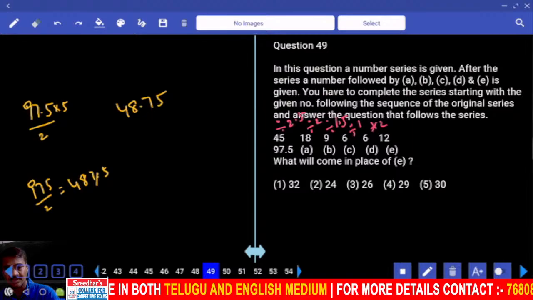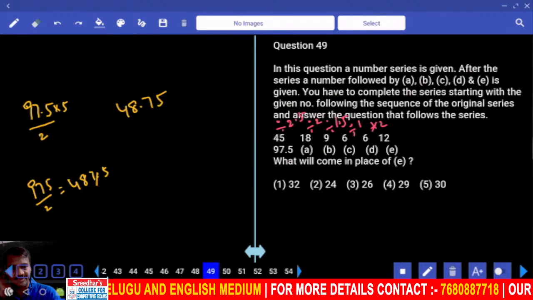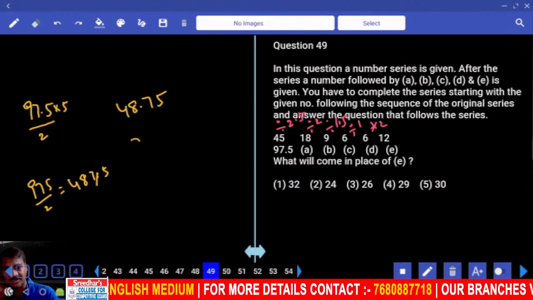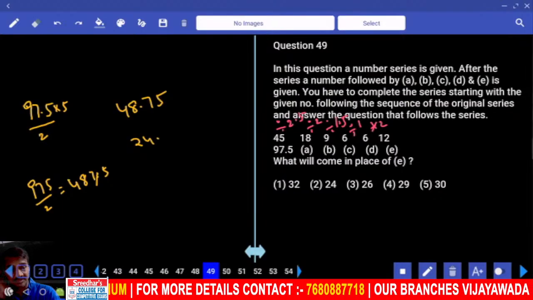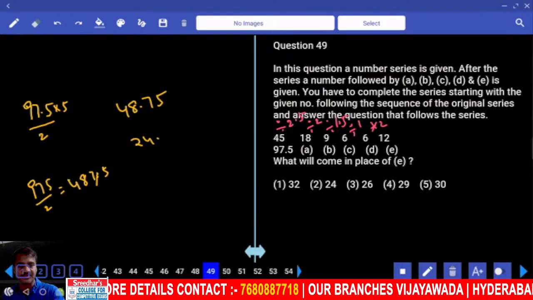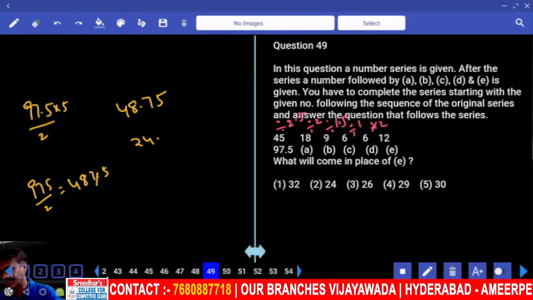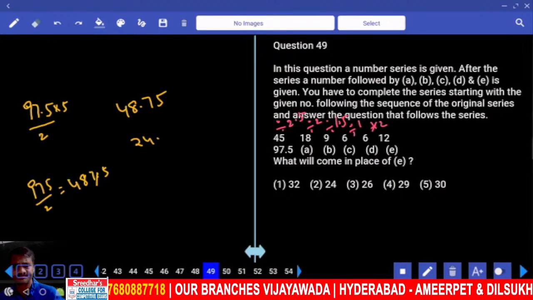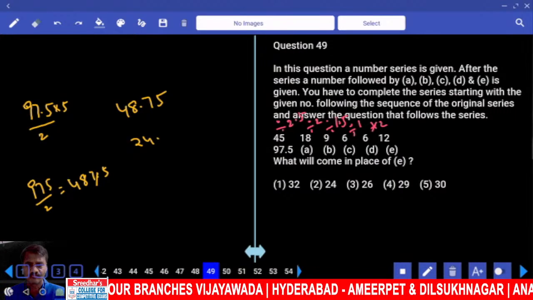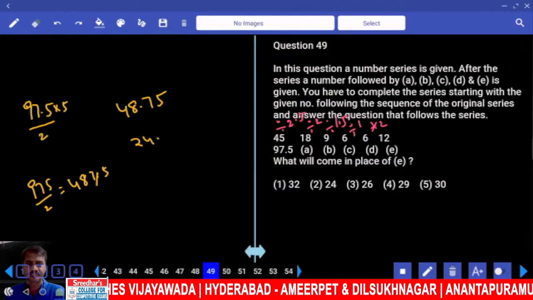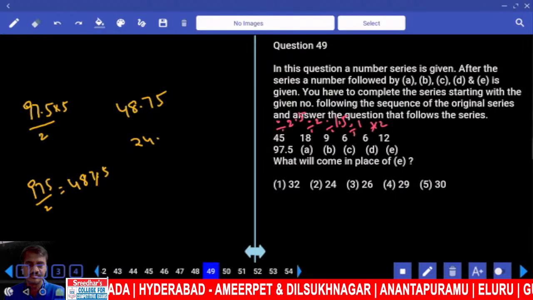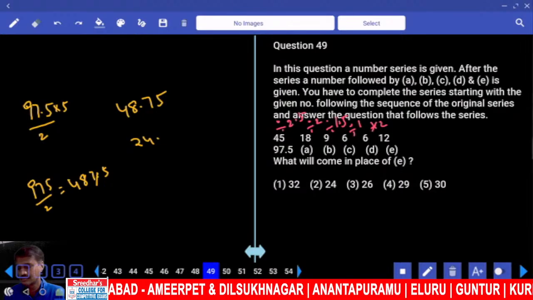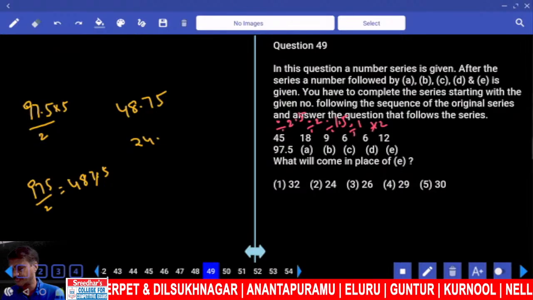Then next one, 48.75 divided by 2. Divided by 2, how much should it be? Now 24 point something. Then try to work out this one in the same format. You try the calculation. And this is about question number 49.